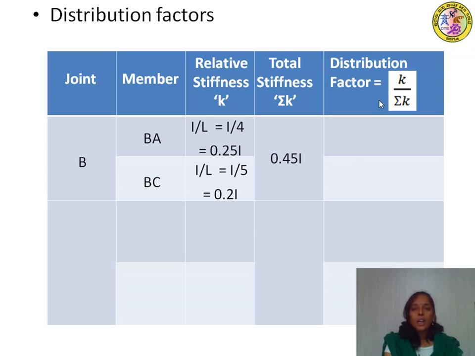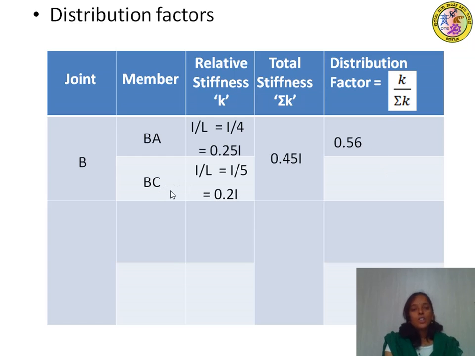And now we have to calculate the distribution factor for BA and BC. The distribution factor is calculated by using K divided by sigma K, the relative stiffness of a member to the total stiffness of the joint. So the distribution factor for BA is equal to KBA divided by sigma K. KBA is 0.25 I divided by 0.45 I. I will get cancelled and therefore the distribution factor is 0.56.